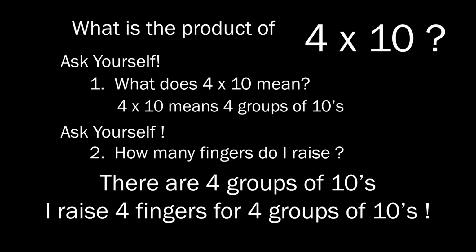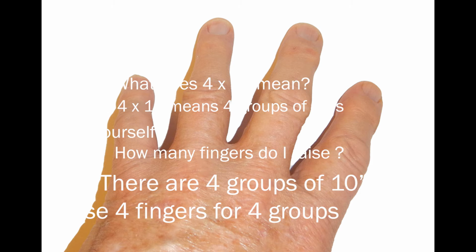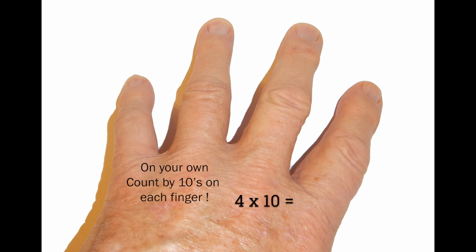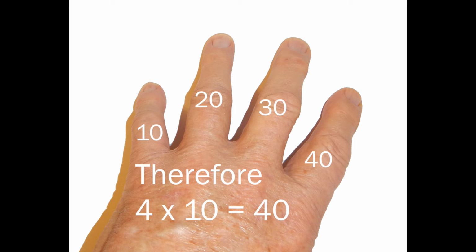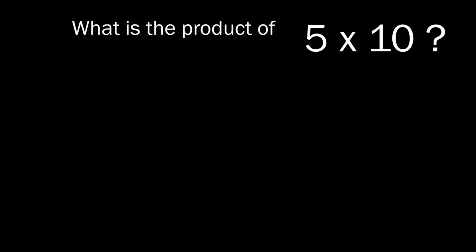I raise 4 fingers for the 4 groups of tens. On your own, count by tens on each finger. Therefore, 4 times 10 equals 10, 20, 30, 40. Therefore, 4 times 10 equals 40.